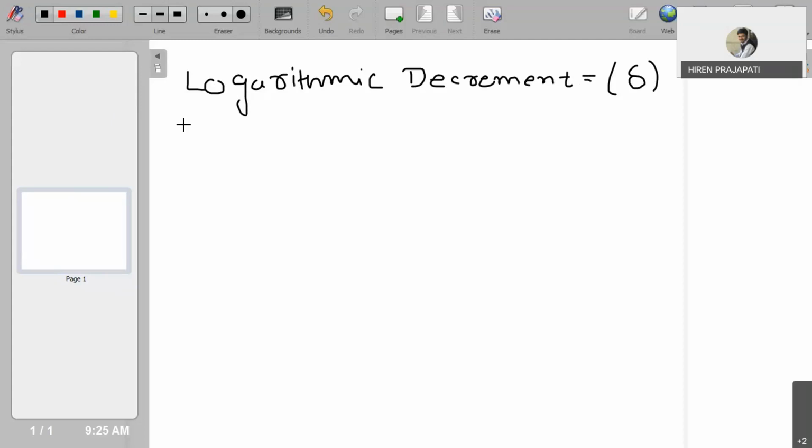To understand this, let us consider the x-t plot of any underdamped system.